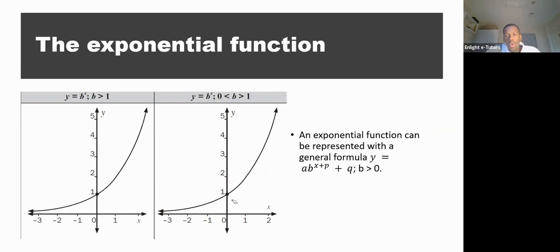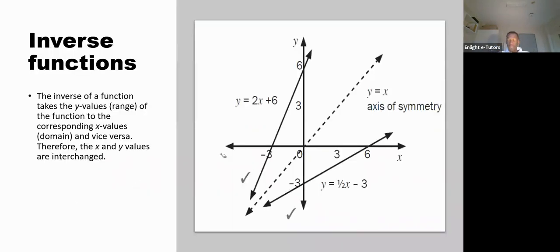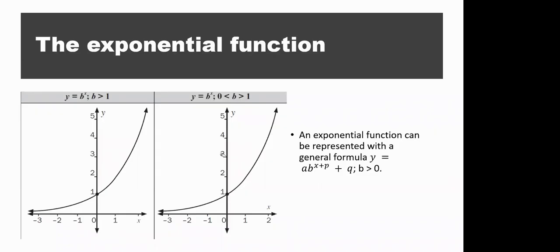But when a is less than 1, it's gonna face downwards. It's more like you put a mirror image in this part, and then it faces downwards. But we're gonna come across those things. And then we have this one. You understood the one that we just came from? The exponential, yes. Okay.